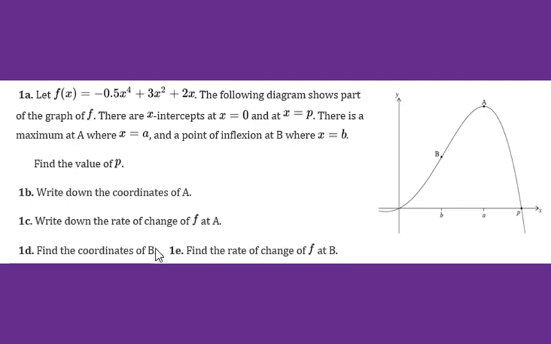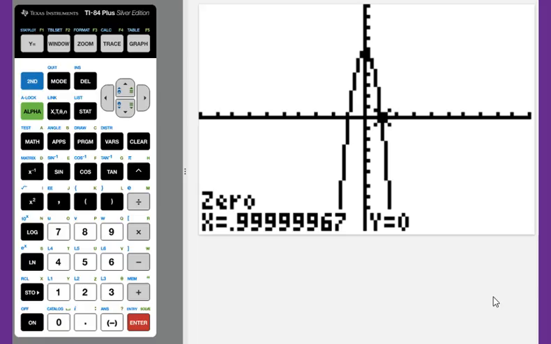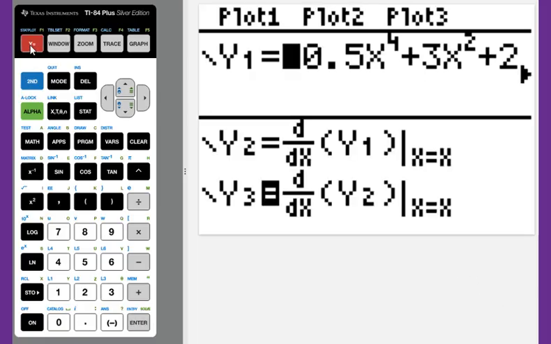For 1e, find the rate of change of f at b. I will show you using the calculator how to do this. So we go back to y1. y1 is the original function. The second derivative of the original function is y3. y2 means the first derivative of f(x).